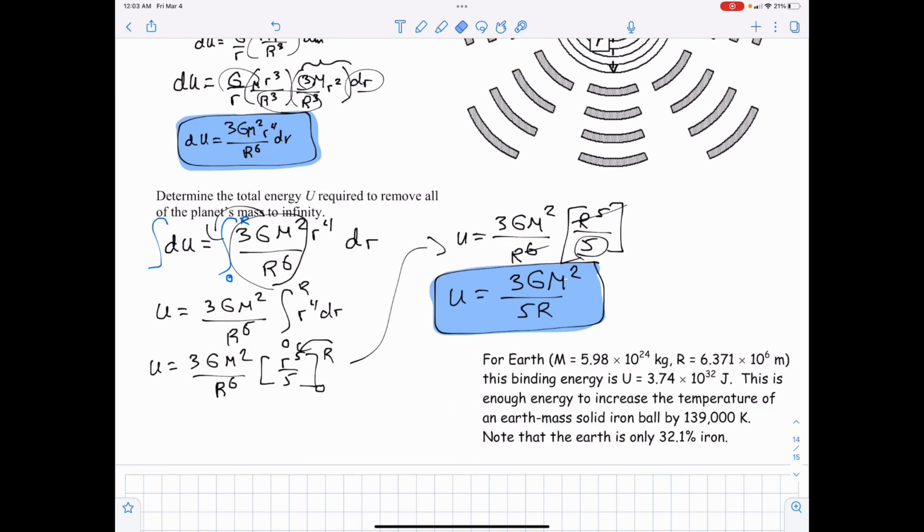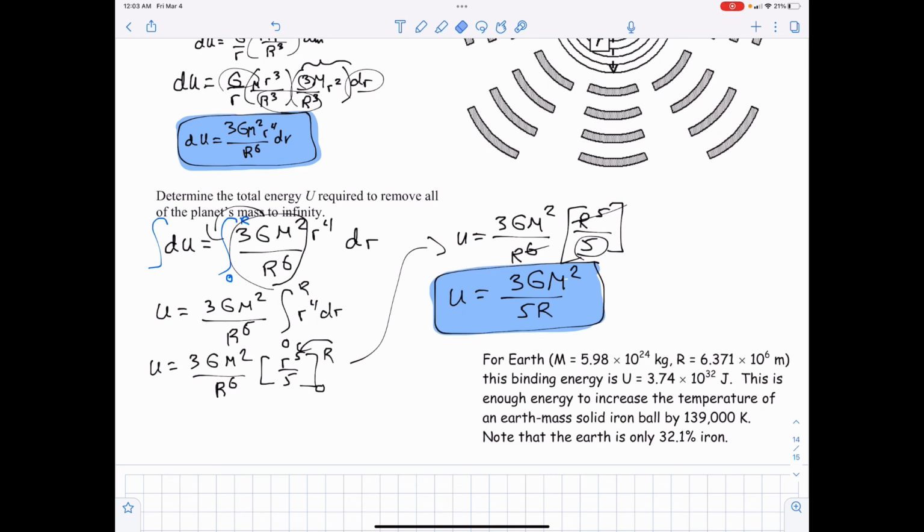Okay, so now if we were to plug in actual values here, if this were, let's say, the Earth, big M would be almost 6 times 10 to the 24 kilograms. Radius R would be about 6.3 times 10 to the 6 meters. And the binding energy would be about 3.74 times 10 to the 32 joules.